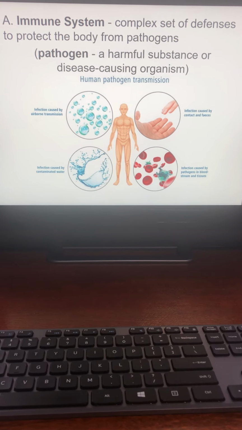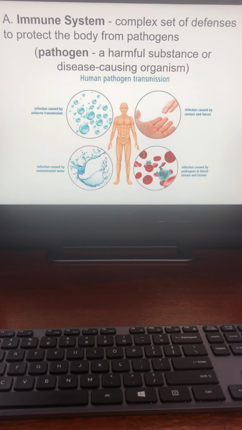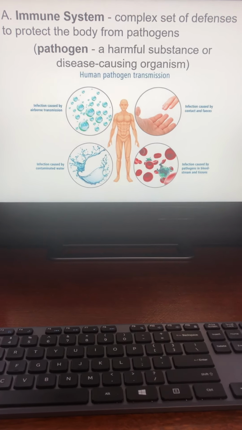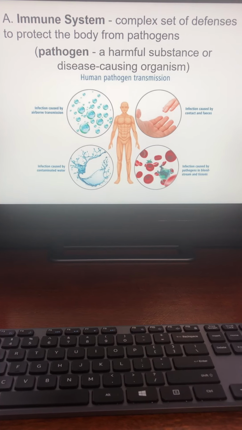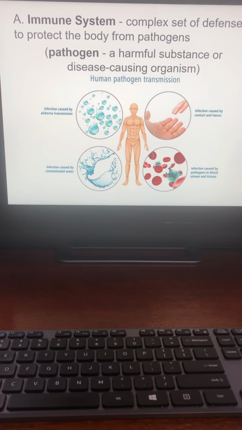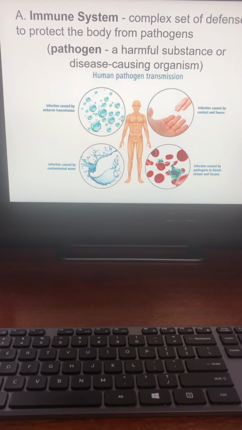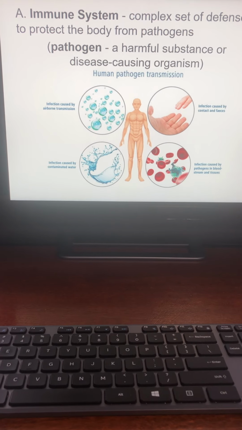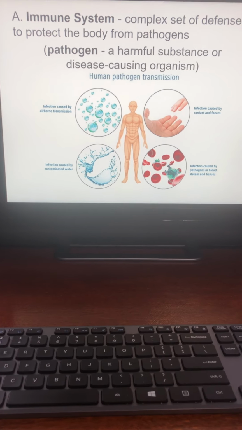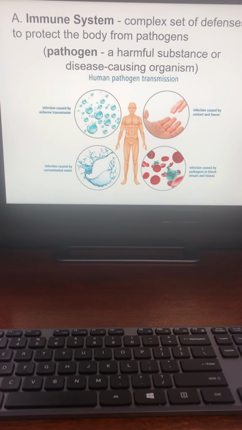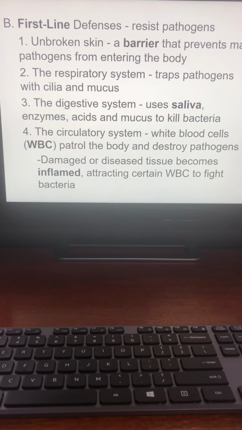So I like to think of pathogens as either viruses, bacteria, parasites, or fungi, anything like that. And on the pathogen, there's something that is called an antigen. And that's what we're going to talk about more as we go on and talk about that antibody antigen complex.